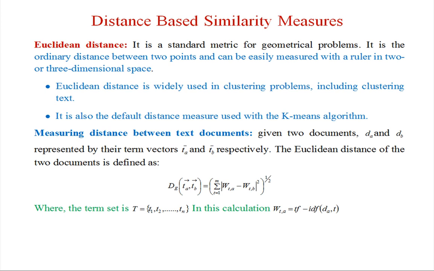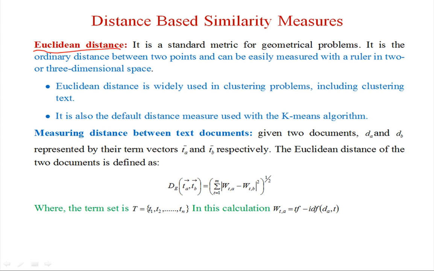Distance based similarity. Till now we studied only matching based similarity. Now we will go through some distance based similarity, basically used in document clustering or clustering based algorithms. The major techniques are like Euclidean distance. It stands for the metric for geometrical problems.